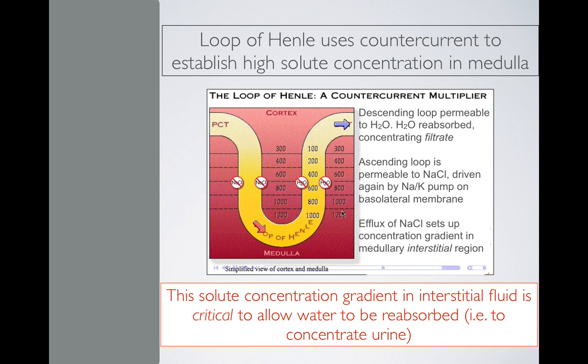Because the ascending limb sets up this concentration gradient, all this salt on the outside of the nephron, that's what drives reabsorption of all this water on the descending limb. So this causes this. So this solute concentration gradient in the interstitial space is critical to allow water to be reabsorbed, which helps concentrate the urine and prevent all this water loss.